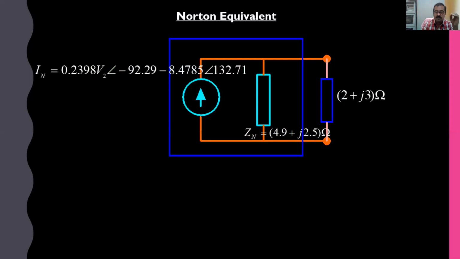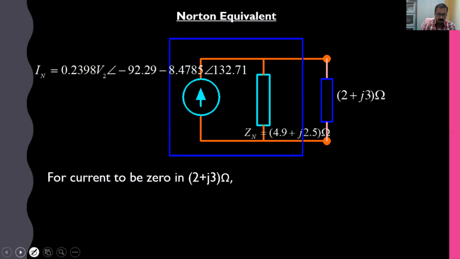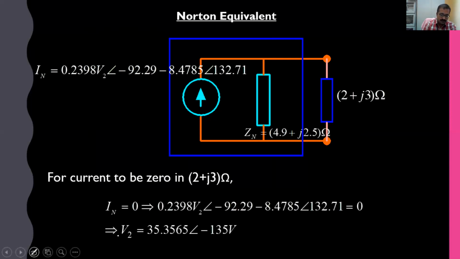So for 0 current to flow through 2 plus j3 ohm, IN has to be equal to 0. So you equate it to 0. What will you get? V2 as 35.3565 angle minus 135 volts. Okay, so this is how we can apply Norton's theorem to find V2 for 0 current to flow through 2 plus j3 ohms.